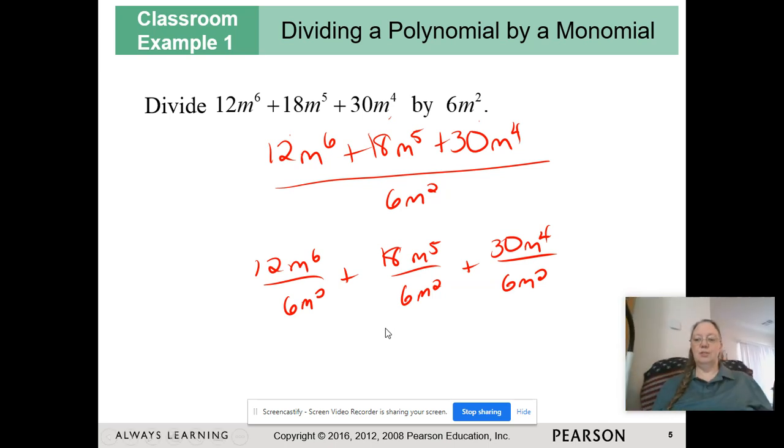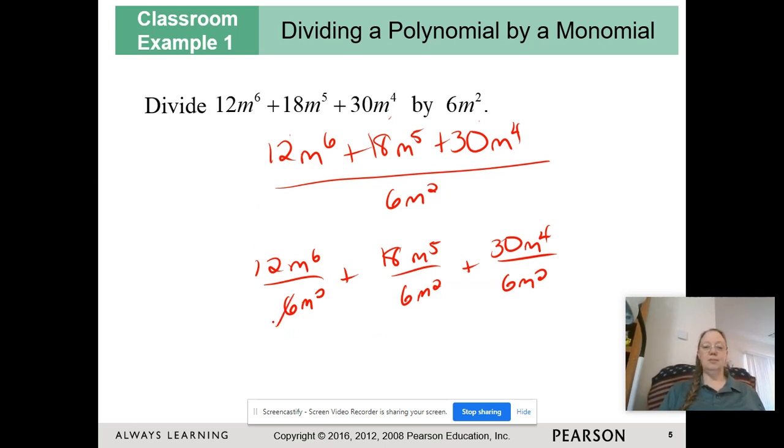So I'm going to simplify the coefficient if possible, and we can. 6 goes into 12 twice. Then we use the quotient rule to simplify the m's. I can cancel out 2 pairs of m's, and I am left with 4 of them in the numerator.